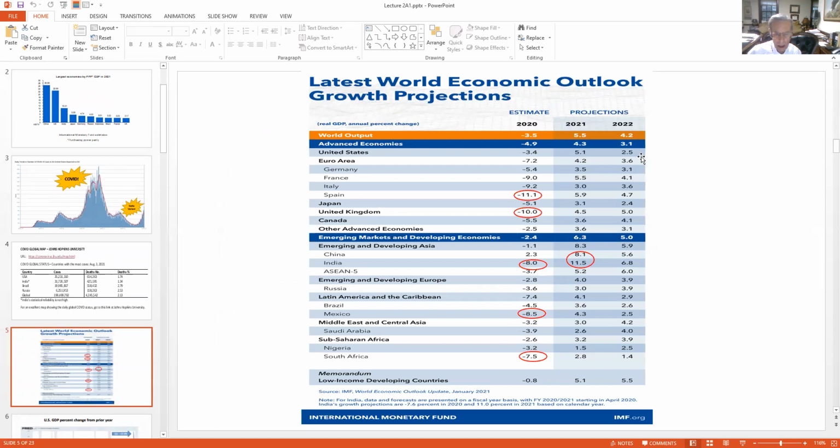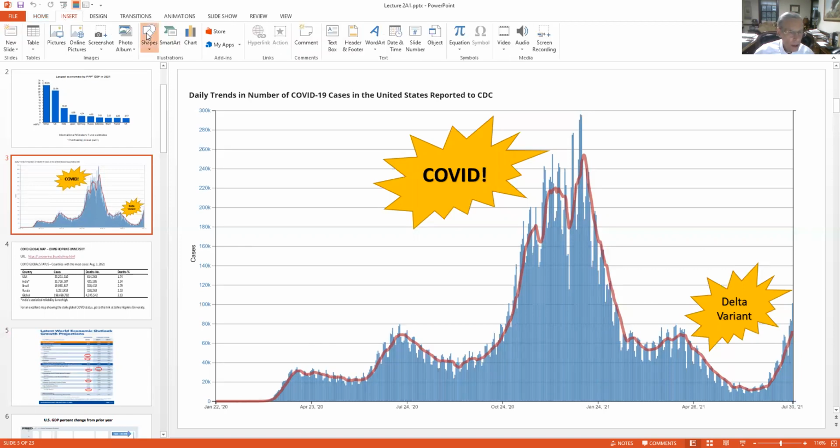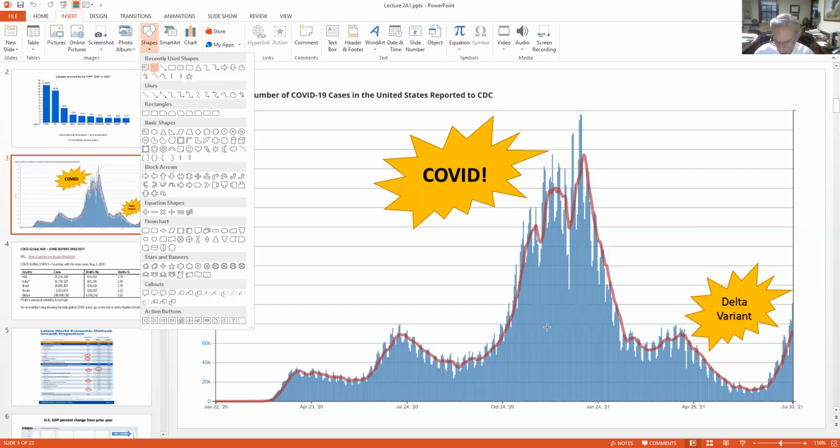Here is a portrayal of advanced economies and emerging economies and how they were affected during the first year of the coronavirus. Here you can see we have the beginning of 2021. So I should have probably put a line here, and I can certainly do so now.